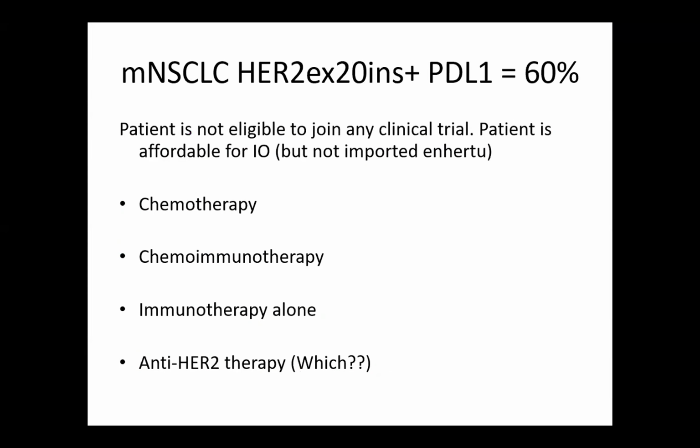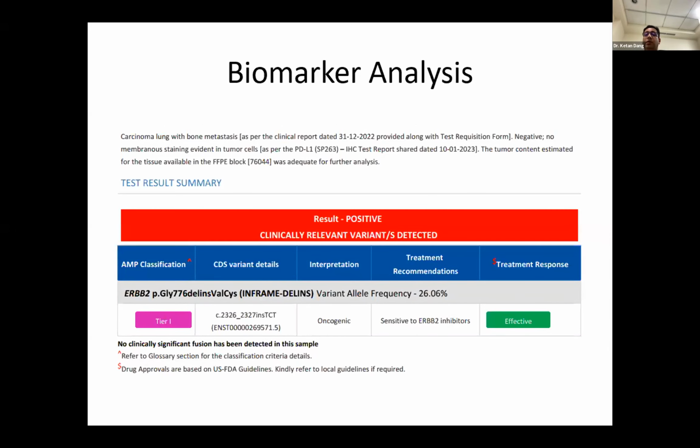Yeah, sorry, can I get back to that? Previous slide, please. So this was a female non-smoker with adenocarcinoma lung, and this is the NGS report finding. This was done on the FFPE block, and when you're looking at a 26% variant allele frequency, I would obviously want to look at what was the tumor cellularity in that.